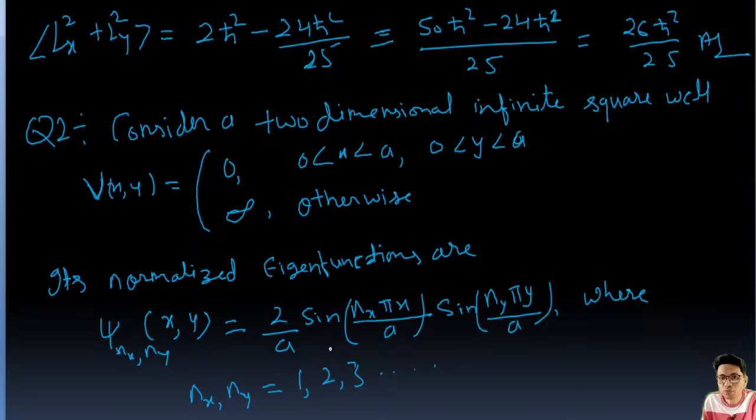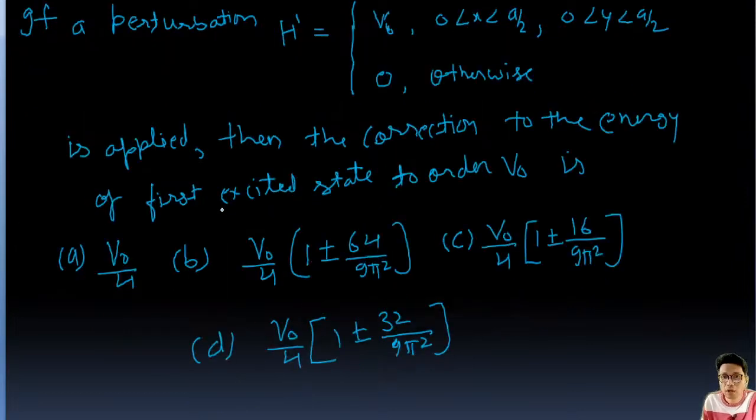Its normalized wave function is given. Now if a perturbation H dash equal to V naught, if x and y are between 0 to a by 2, 0 otherwise, is applied, we need to find the correction to the energy of the first excited state in order V naught.